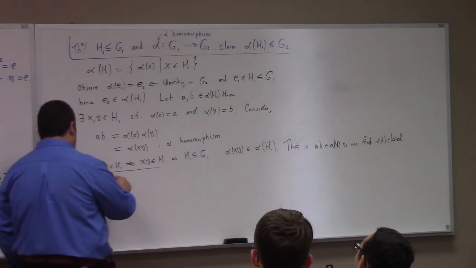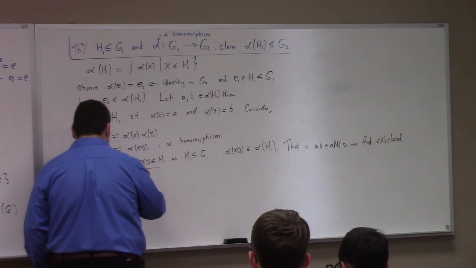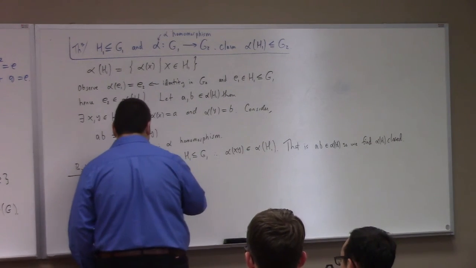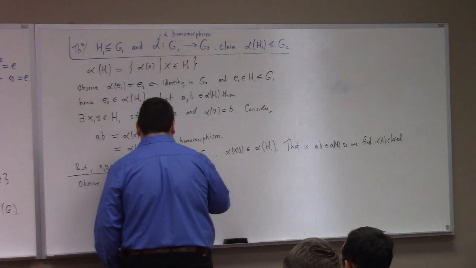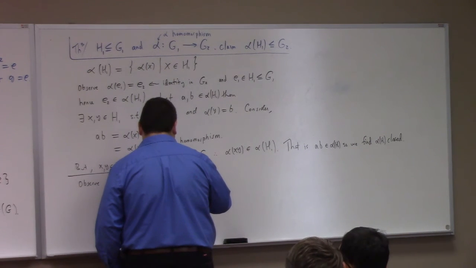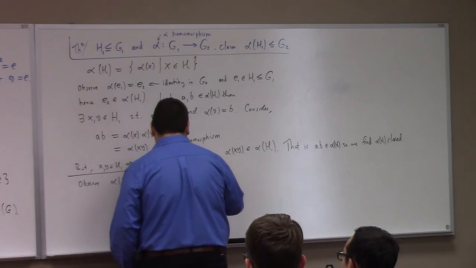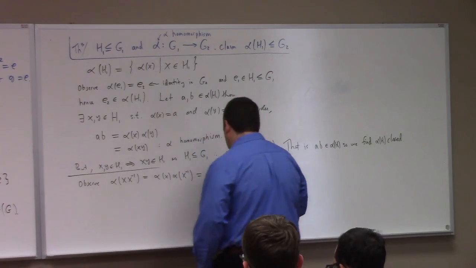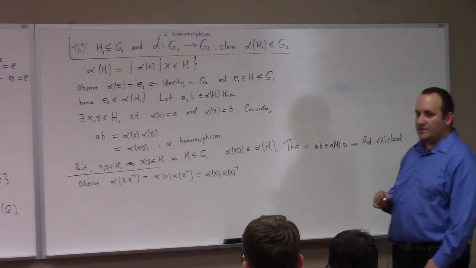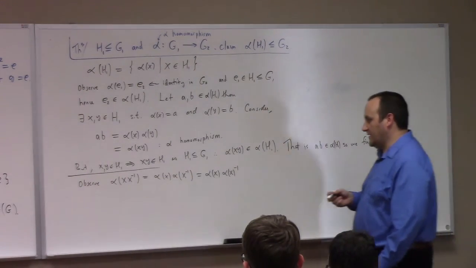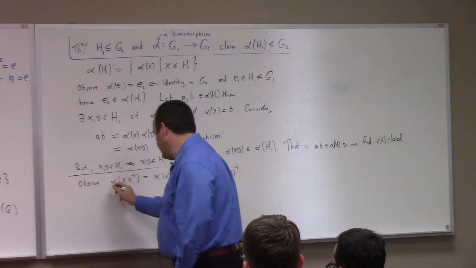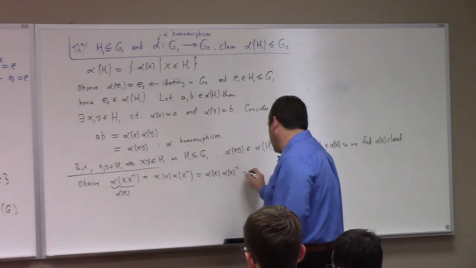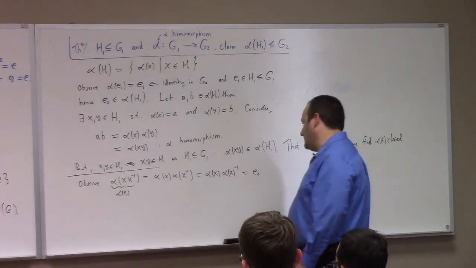Well, we know alpha of x inverse is equal to alpha of x inverse, by our early lemma on homomorphisms. But on the other hand, this is what? This is alpha of E1, which is equal to E2.